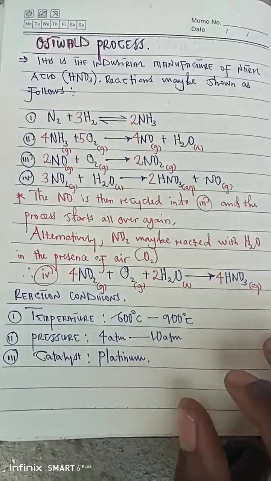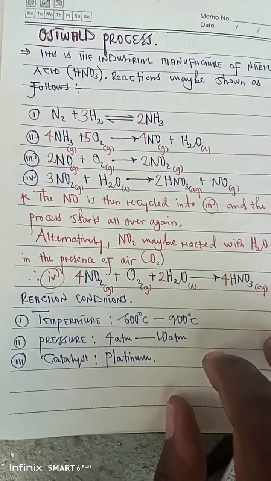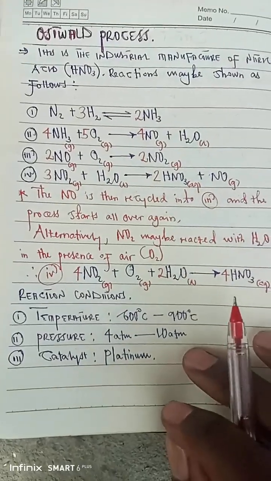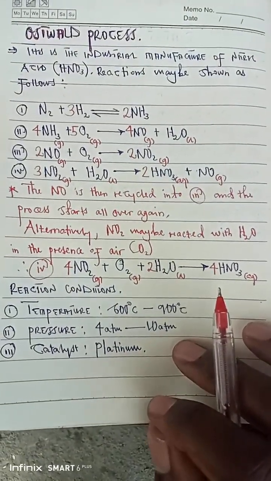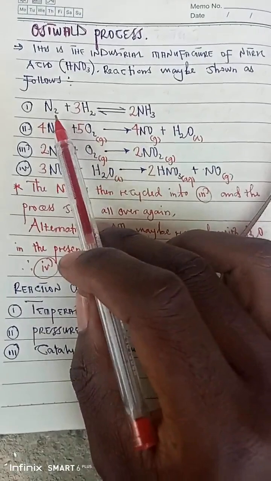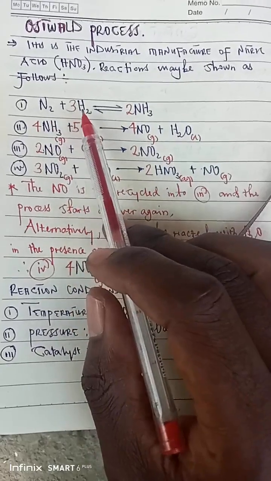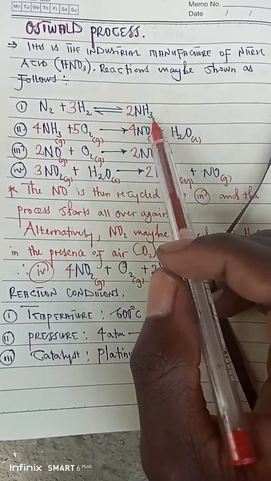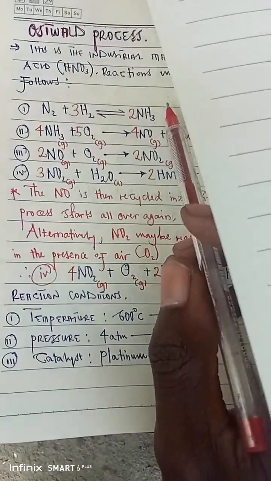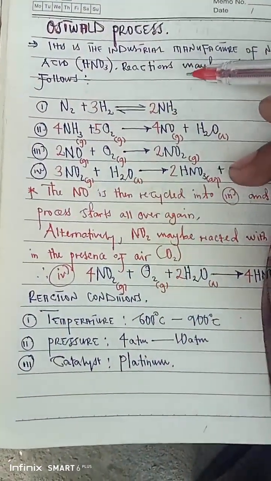And just like the contact process, there are a series of reactions which follow. A good example: firstly, nitrogen is reacted with hydrogen to produce ammonia. So ammonia is the first thing produced here.